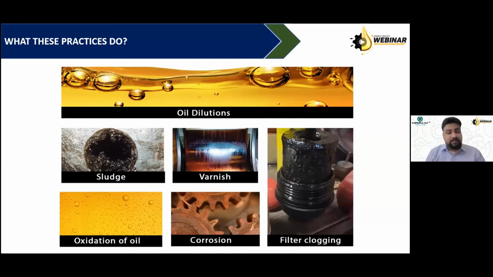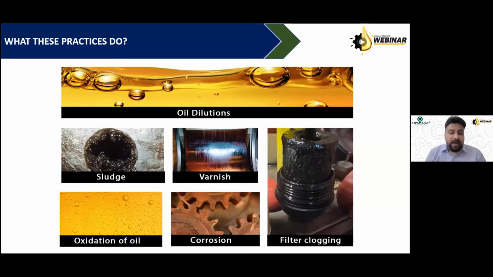Sludge formation happens mostly because of acid contamination coming into your oil and the oil getting oxidized. This sludge gets deposited onto various important components of your equipment, in our case the compressor. Varnish you would find in the shaft bearings and also on the tank surfaces.